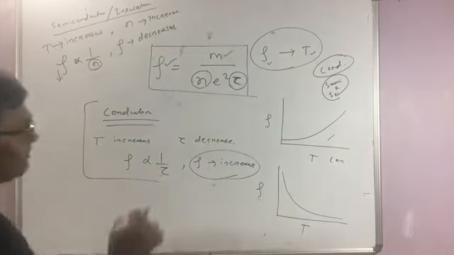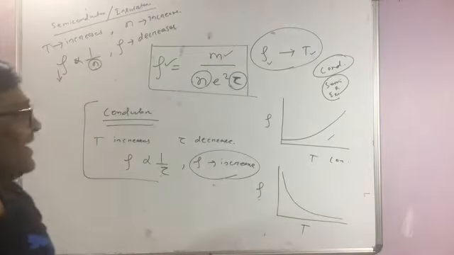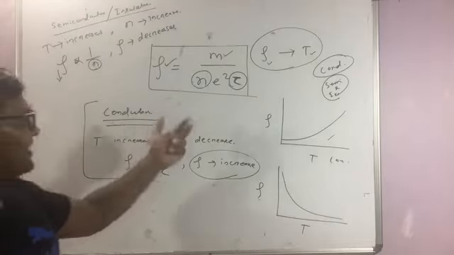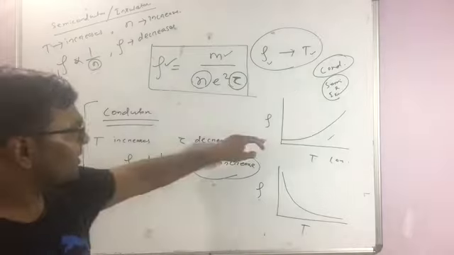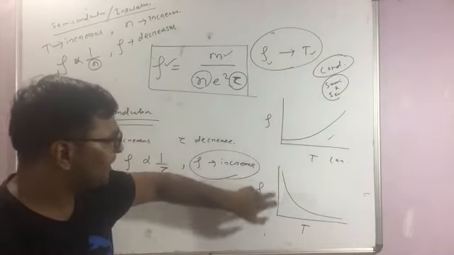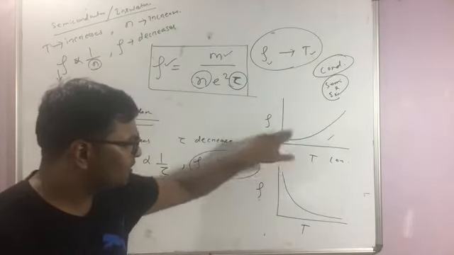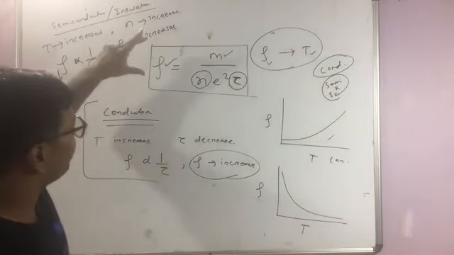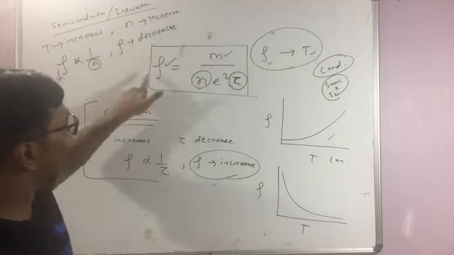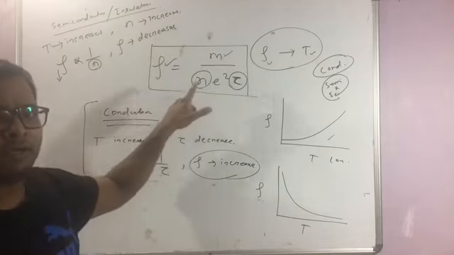So this is the explanation of these two graphs. This can be asked in your exam, like write the reason or explain the variation of resistivity with temperature for a conductor and a semiconductor. You need to start your explanation from this equation. Clear? Thank you.